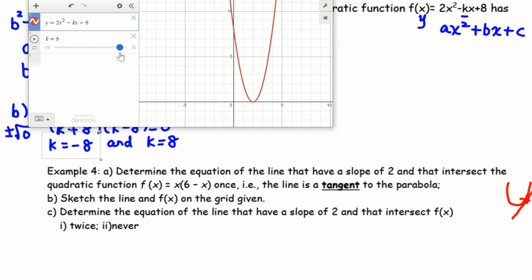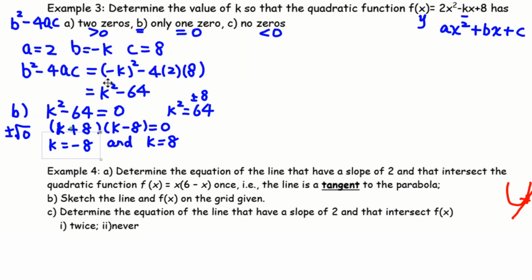So this is what the question asks you to find. Then you will see if the k value is negative 8, you have 1. If less than negative 8, you will have 2. So we are going to see how we can prove what k value will give you 2 zeros. So that is question A.